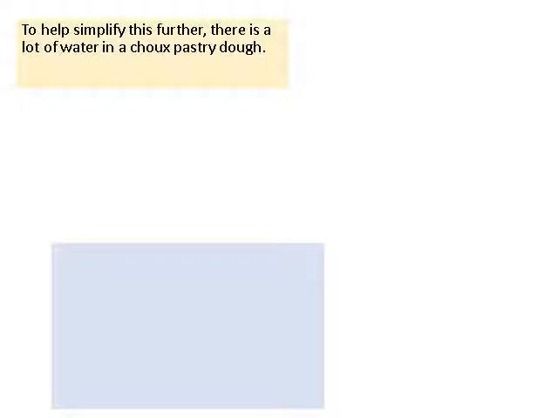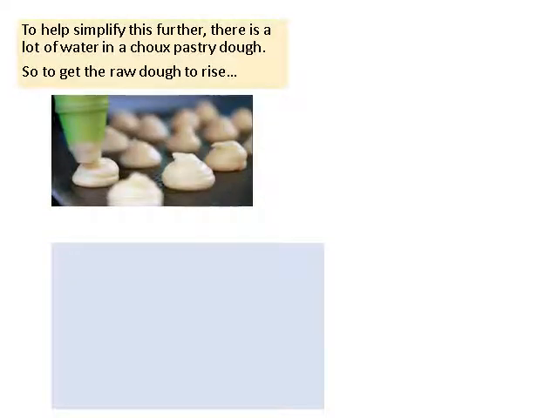This has a high water content. So to get this raw dough, which you can see there being piped, from a raw state into a cooked state, the pastry needs heat. It's the number one thing to be doing when making choux pastry. The first thing you do, get that oven on. The oven needs to be hot.